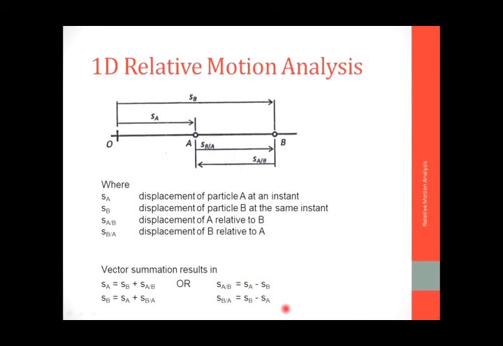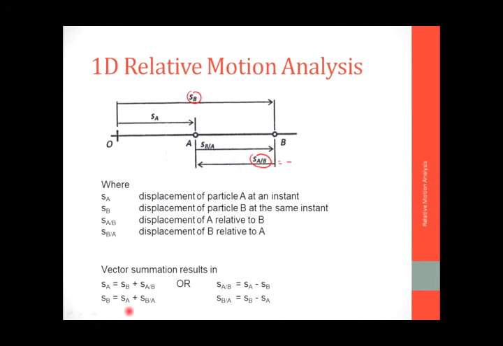Therefore, the vector for displacement A can be written as SA equals SB plus SA/B. SA/B is in the opposite direction of SB/A, because it is the same as negative.